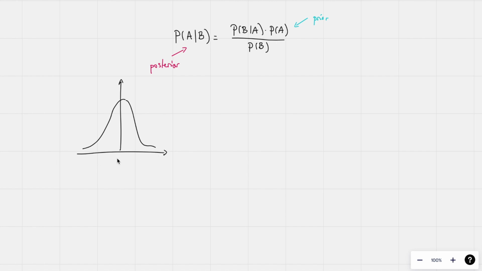The first is often denoted mu, and this is the expected value, or also the mode, the central value of the distribution. It has another interesting property, which is the spread, how wide, how flattened the curve is.